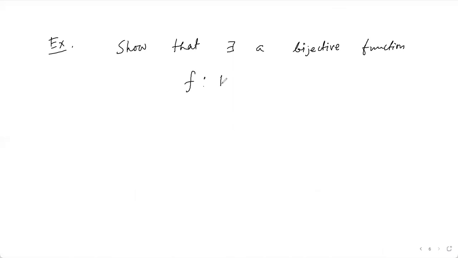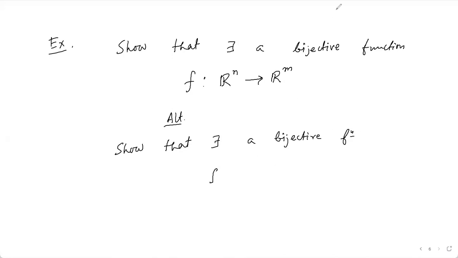So before we stop, let me give an exercise. Using Bernstein's theorem, show that there exists a bijective function f from R^n to R^n, or alternatively, it is enough to show that there exists a bijective function, let me denote it by something else, H from R to R^n.